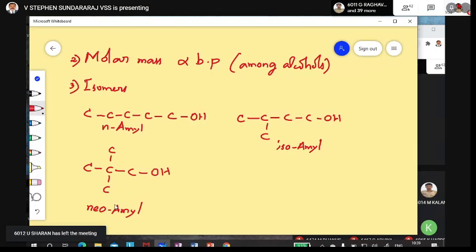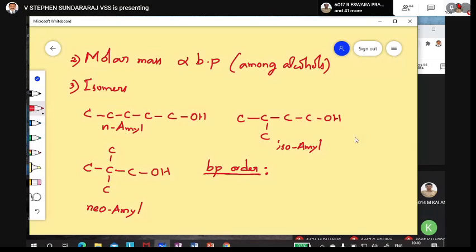Amyl and pentyl are both the same. These are the five-carbon alcohols I have given. Vijay, what is the boiling point order? All of them have the same molecular formula, C5H11OH. Now tell me the boiling point order.